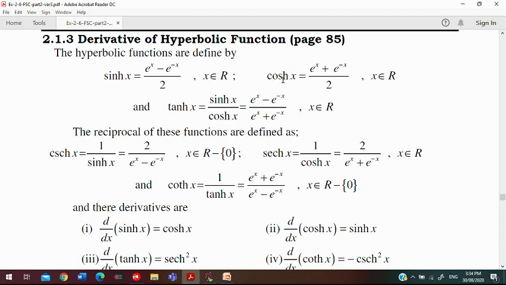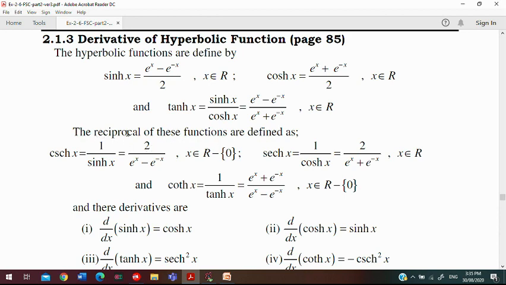This is the cos hyperbolic function. The difference between these two functions is that in the sine function we have this minus sign, and in the cos hyperbolic function we have this plus sign. Then the tan hyperbolic function we can derive from sine and cos hyperbolic like this.